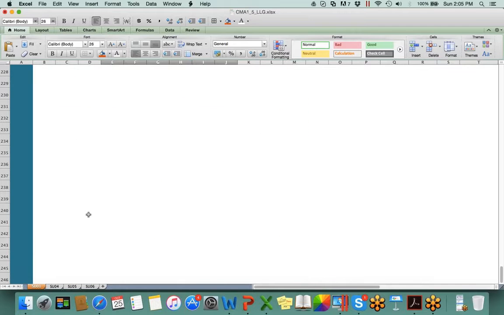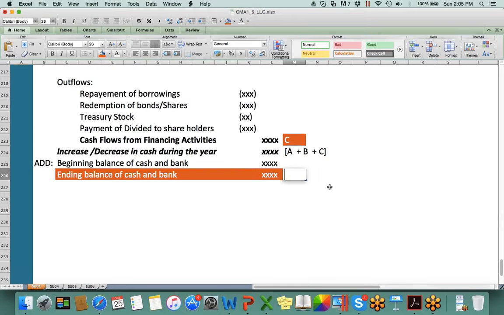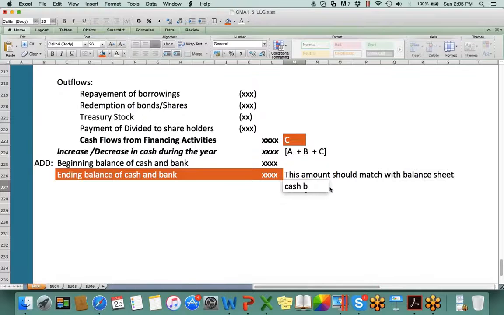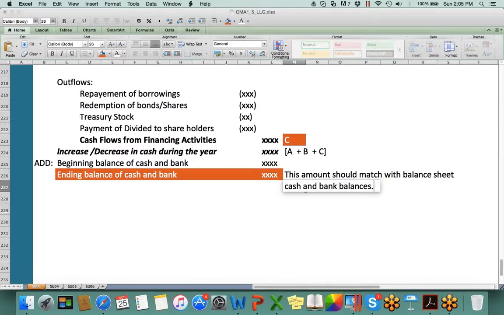Anyway, you are not going to prepare it this way, but you should know the contents. This amount should match with the balance sheet cash and bank balances.